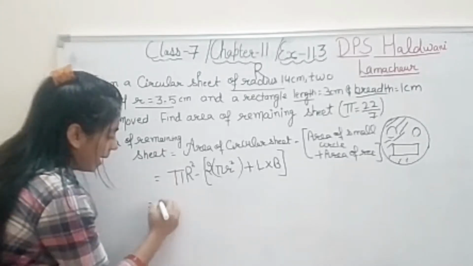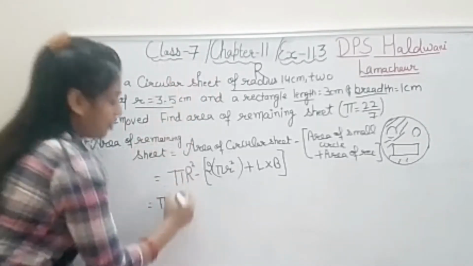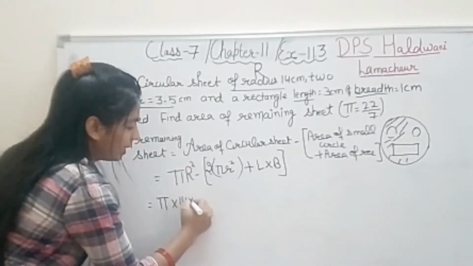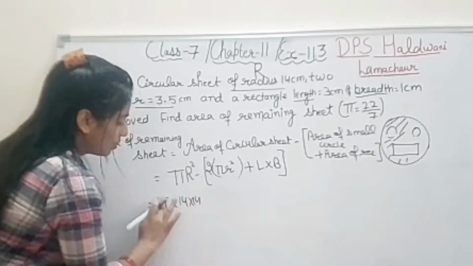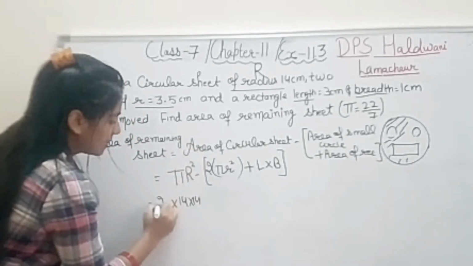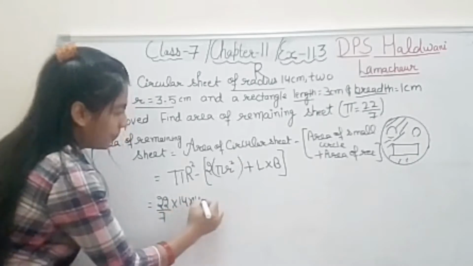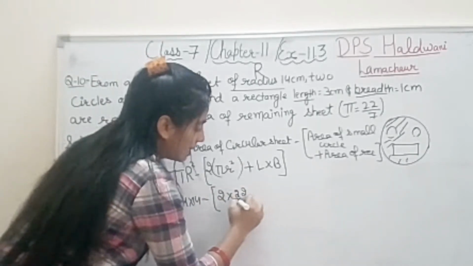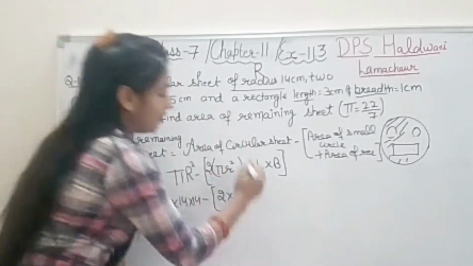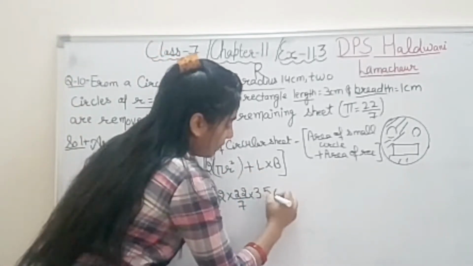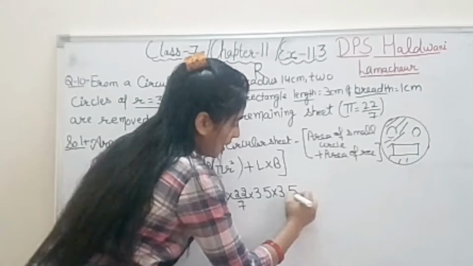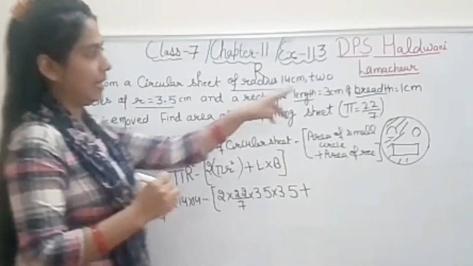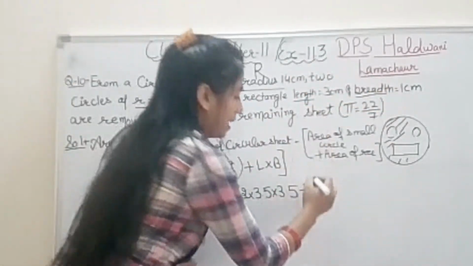So pi, capital R is given to you as 14 centimeter, 14 into 14. The pi value is also given to you, that is 22/7, right? Minus 2 into pi, small r is 3.5 into 3.5, plus length into breadth, 3 ones are 3.